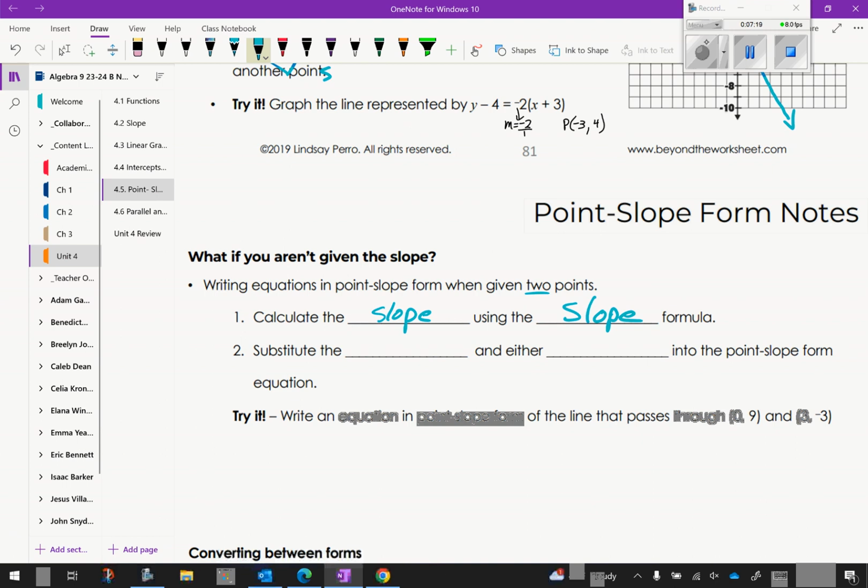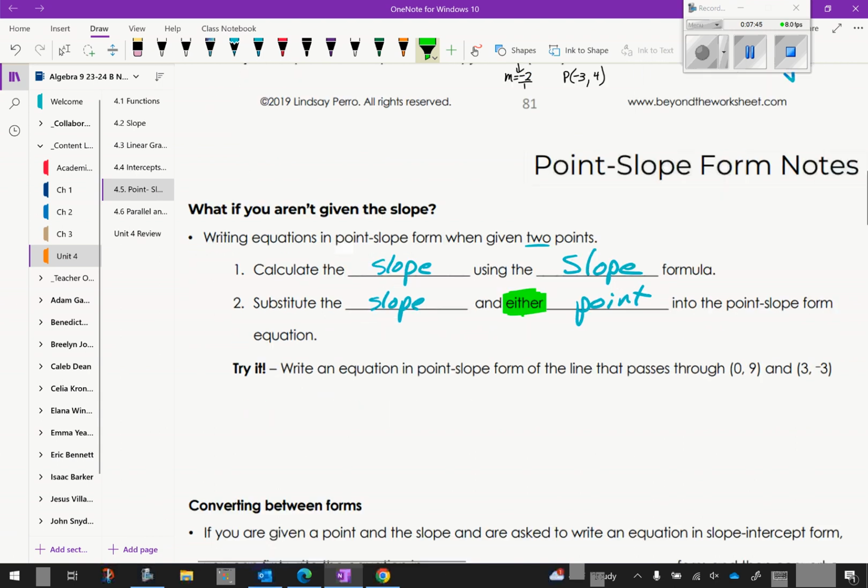So we start there by using our slope formula to calculate. Once we found the slope, here's the key thing. If that line goes through both of those points that they gave us, we can use either one in the point slope equation. All right, so let's do an example here.